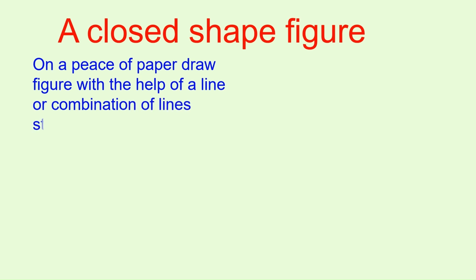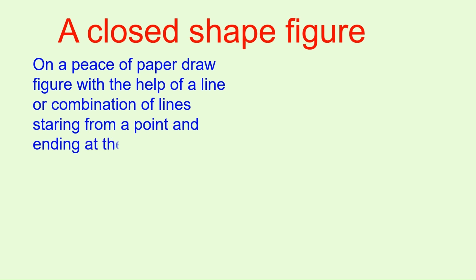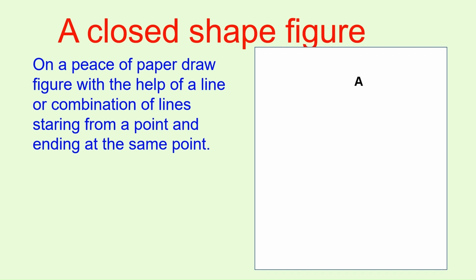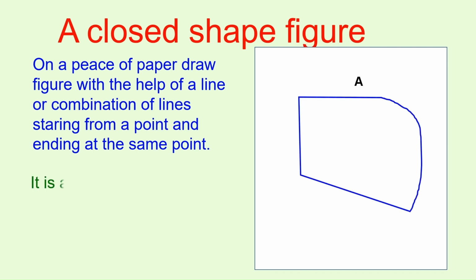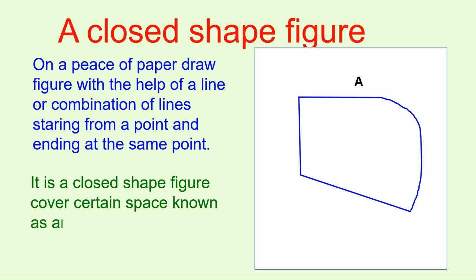On a piece of paper, draw a figure with the help of a line or combination of lines, starting from a point and ending at the same point. Note here, it is a closed-shaped figure that covers a certain space, known as its area.